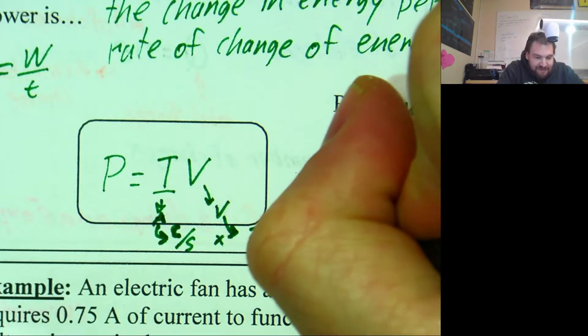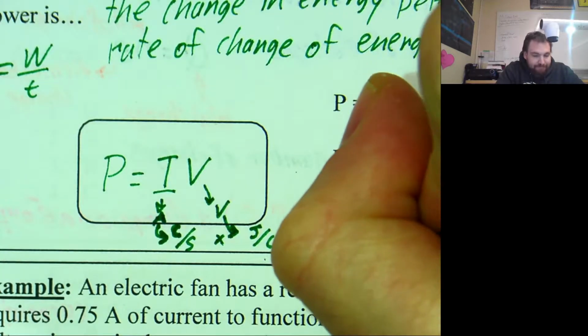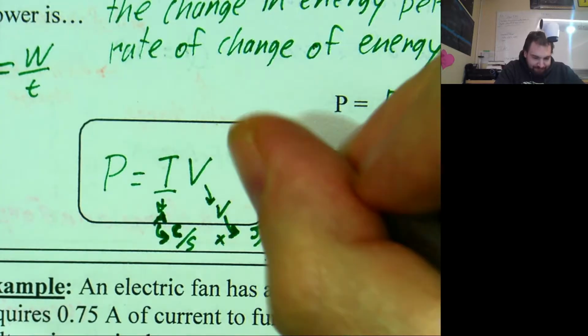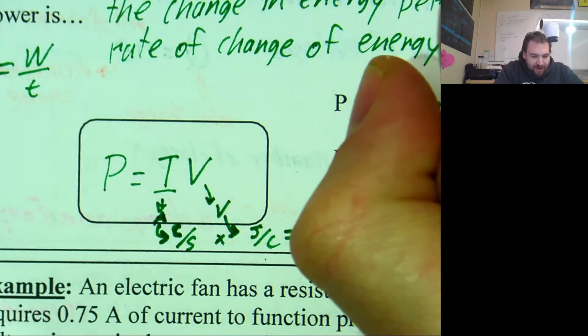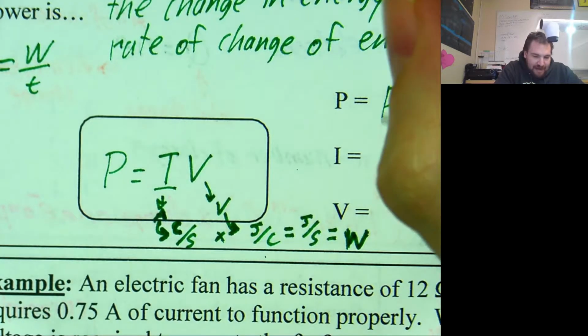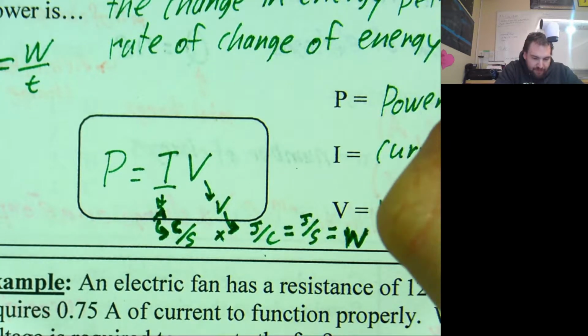And now what is a joule per second? It's energy per second, which is power, which is measured in watts. See, it all connects. Always does. I being current, and V being voltage.